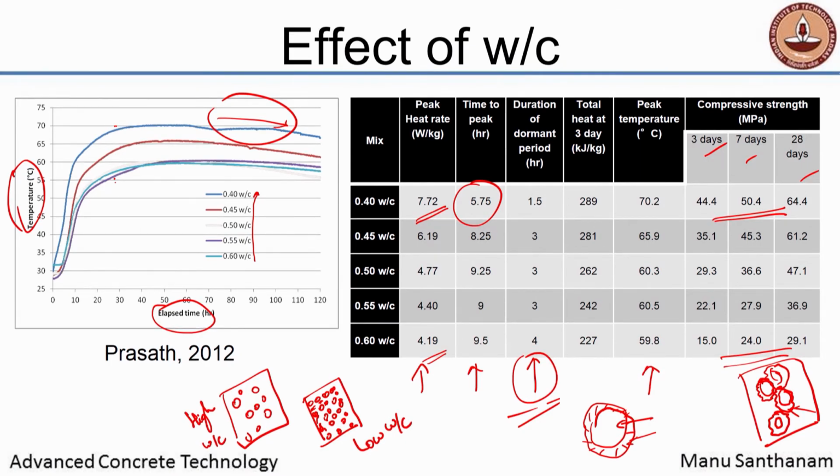In the case of the low water cement ratio concrete, you are obtaining a large fraction of your strength at 3 days itself, whereas in the high water cement ratio concrete, your strength attainment at 3 days is about half of your overall strength, whereas here you are reaching nearly 2/3 of your overall strength. Okay, so there is a difference when you choose concretes of different water cement ratio.